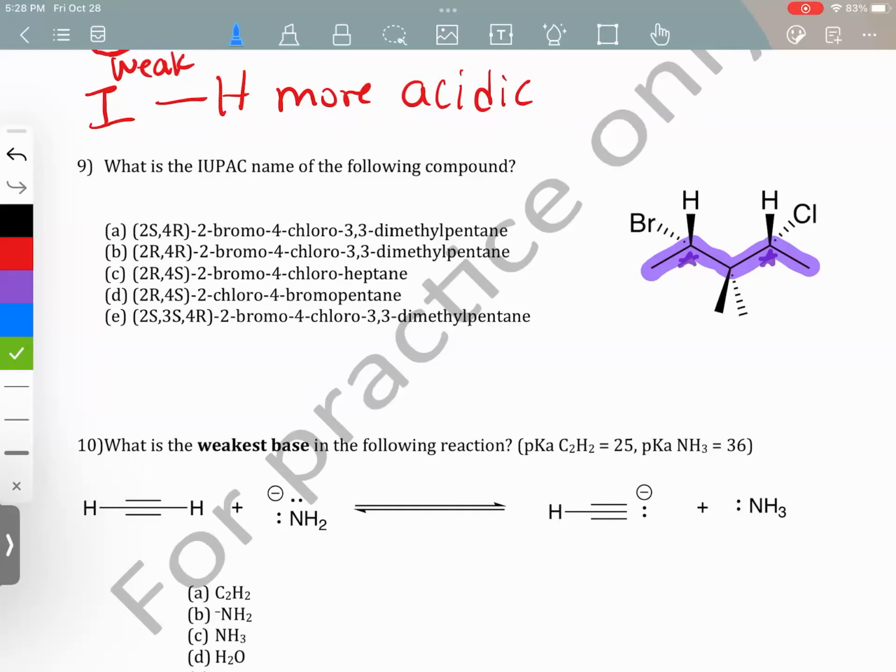Pentane. Right. Then you have your substituents. You have bromine, you have chlorine here, and you have these 2 methyls over here. Now, let's number the carbon so that when we include the number in the name, it's correct. Will we start numbering from the left or from the right?